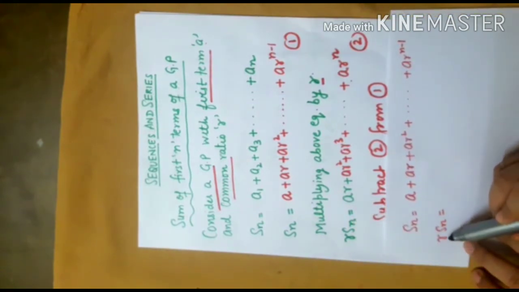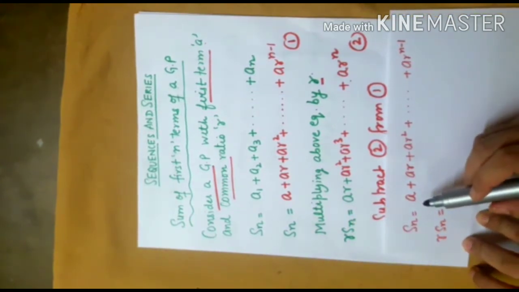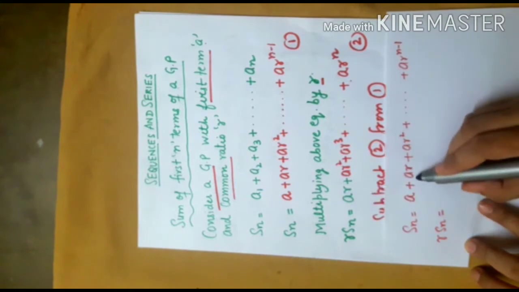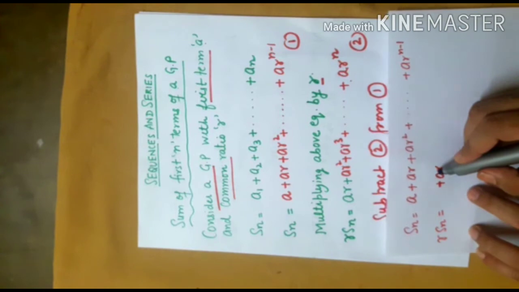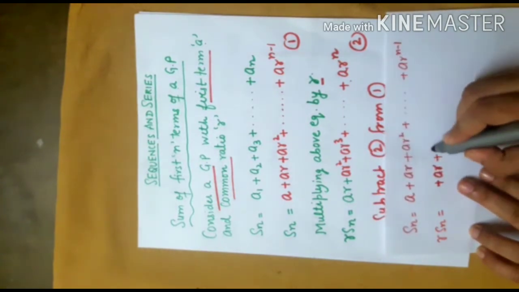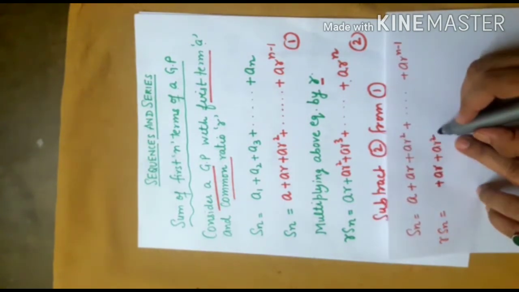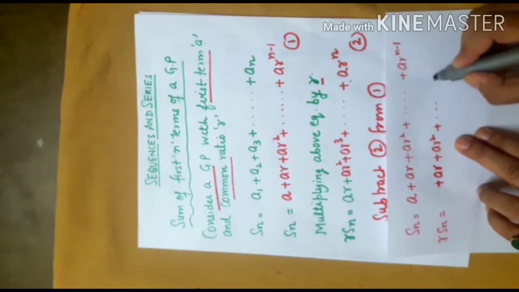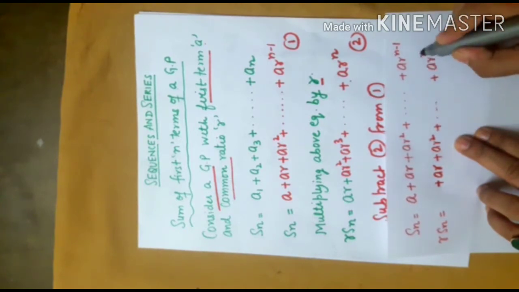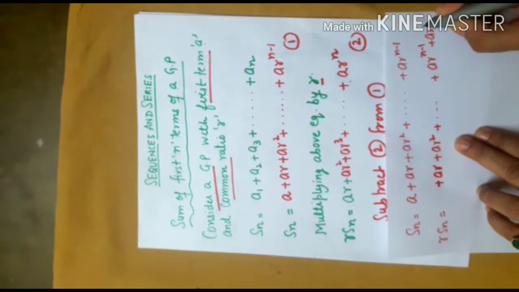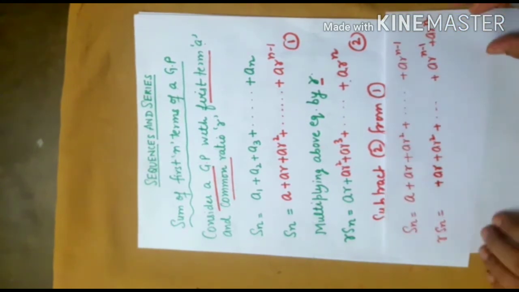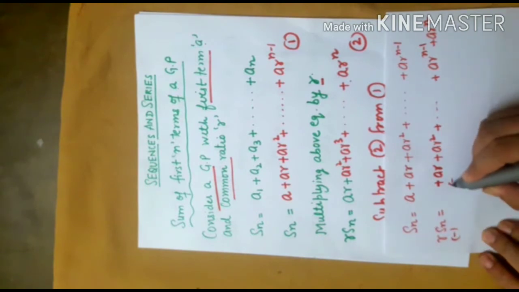So here I'll write r into Sn. The first term is ar. I'll write it below this, so it will be easier to subtract. Then ar square, then ar cube, plus so on. Here I'll get a into r raised to the power n minus 1, then plus a into r raised to the power n. Yes, change the sign.